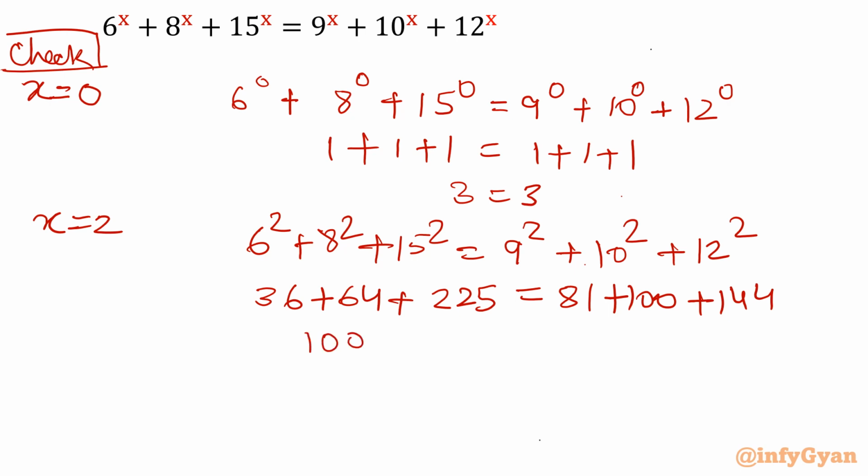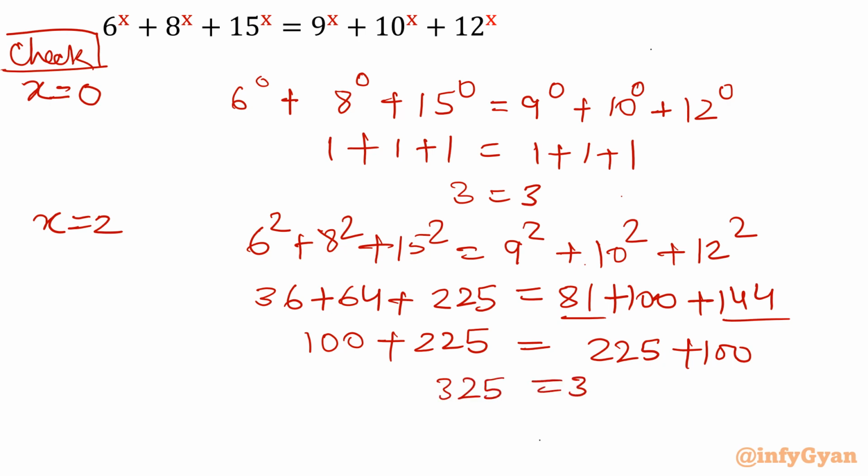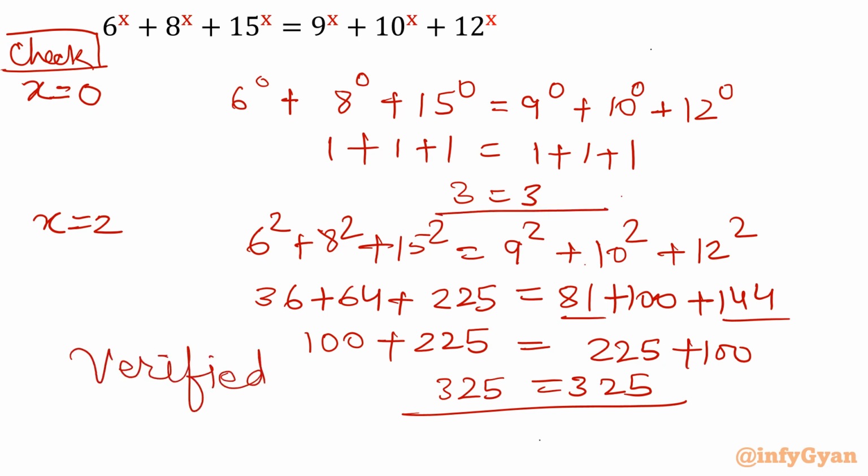So this is 100 plus 225 equal to 225 plus 100, 325 is equal to 325. Verified. Solution verified. So our final answer becomes x equal to 0 and x equal to 2.